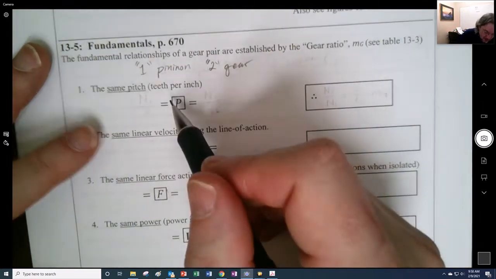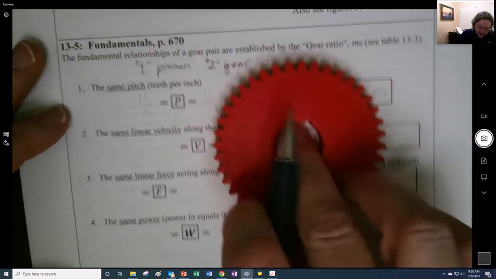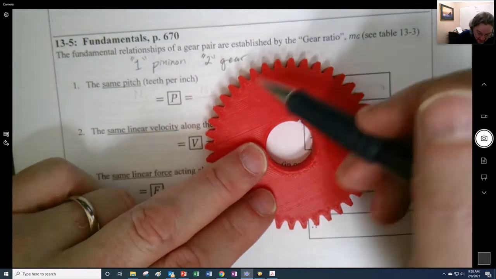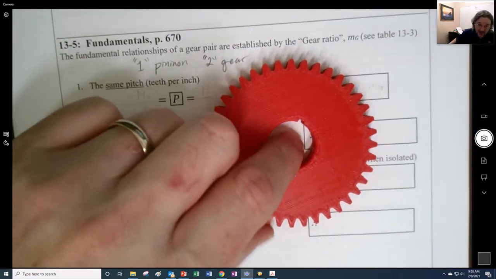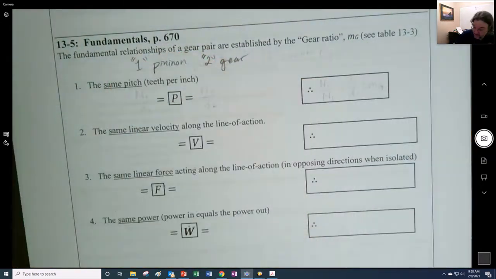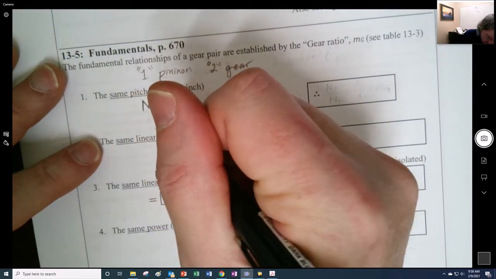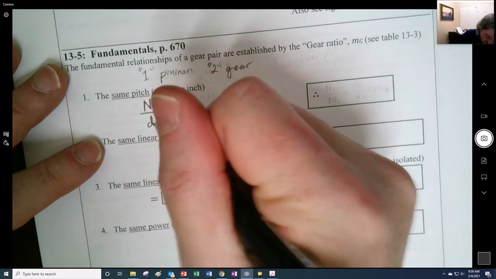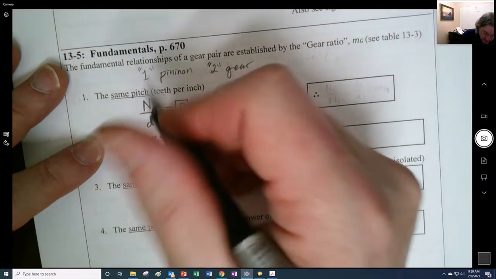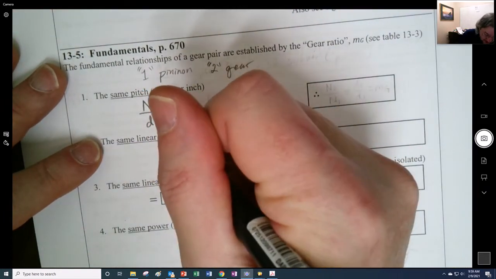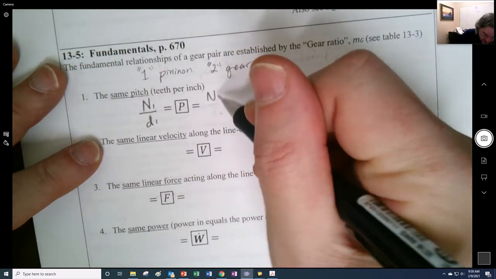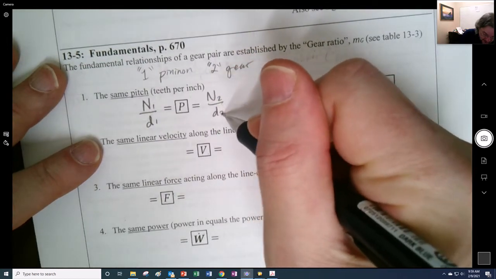Okay, so for a pinion, we have to have the same pitch as the gear, right? If we find the pitch by taking the number of teeth and dividing it by the pitch circle diameter, then if it's true for the pinion, it has to be true for the gear, right?